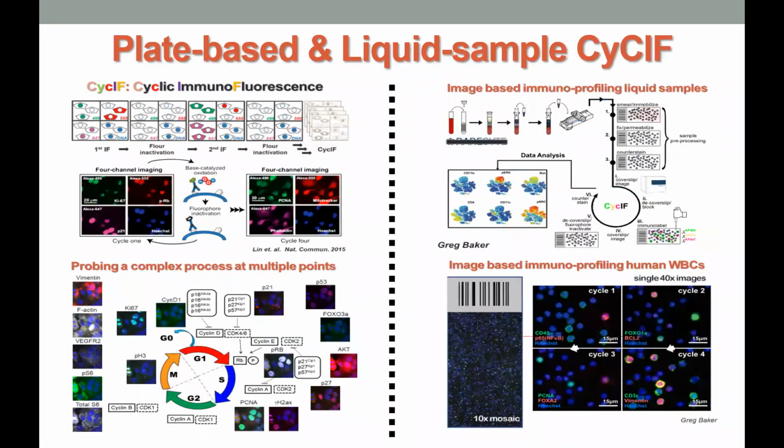So you can think about the same method being used in a more high-content manner to do plate-based CySIF, or we even have a platform for liquid samples, which we mount on the slide and process the same way, called immunoprofiling or liquid-based CySIF.